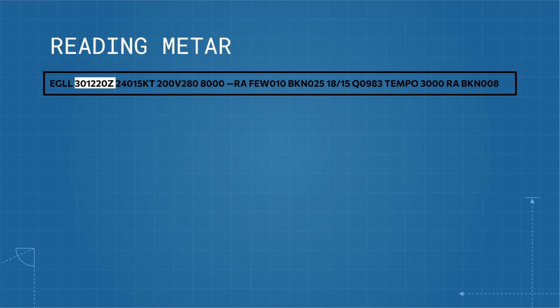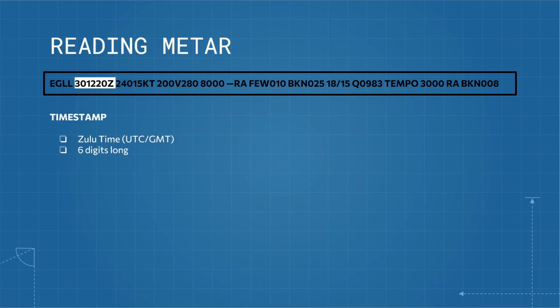Next up is the timestamp of when the METAR was generated. You'll notice that, similar to the ATIS format, the letter Z for Zulu pops up, indicating that we are working in Zulu time, which is UTC/GMT. The difference here is that the timestamp includes the date as well as the time.